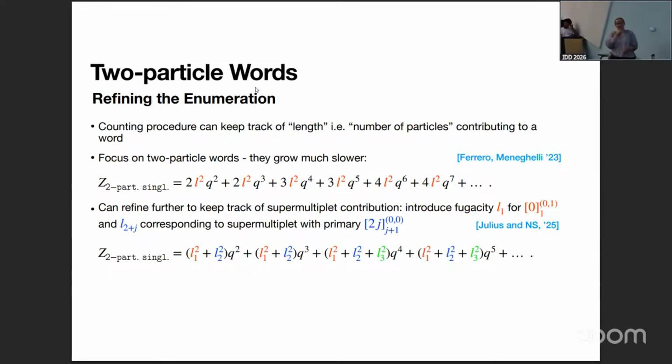Here this L parameter tracks the length, from how many letters your state at weak coupling is made. And so we list two particle states. You see their partition function grows ridiculously slowly. So this is the first observation which we make. It's so simple that you can try to understand it better.